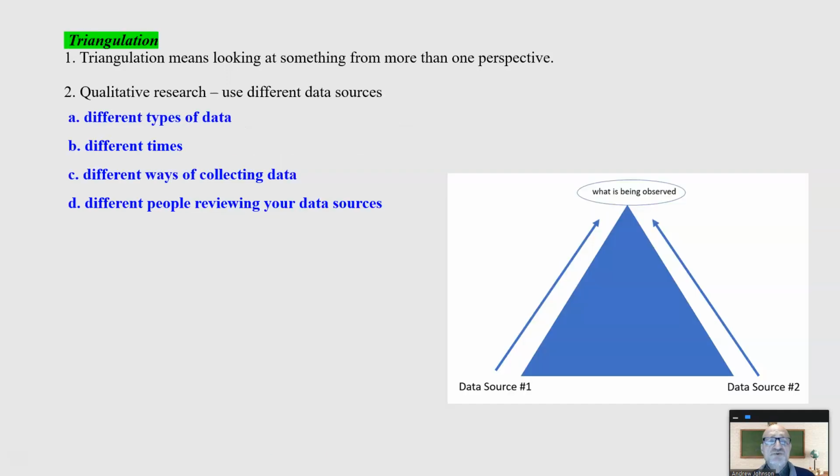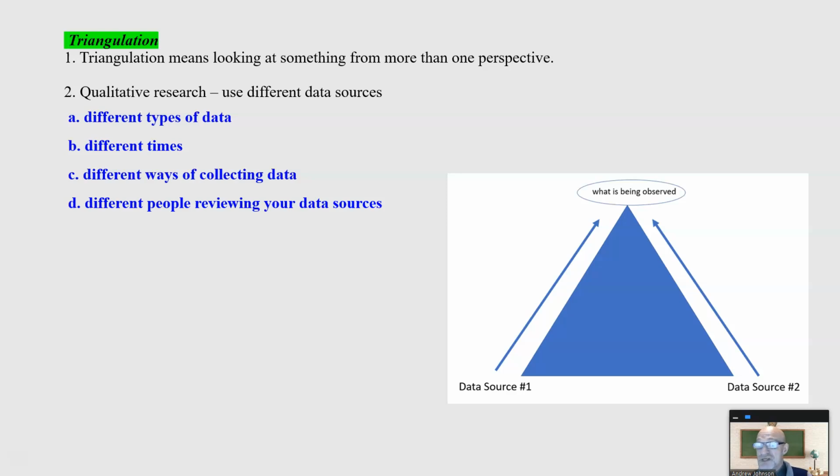The last term, triangulation, means looking at something from more than one perspective, and I use the image of a triangle to help me remember. With two data sources, you see the same thing from slightly different angles. Two or 3 data sources. So in qualitative research, triangulation is achieved by using different types of data. And as I said earlier, you want to have at least 2 types of data sources.